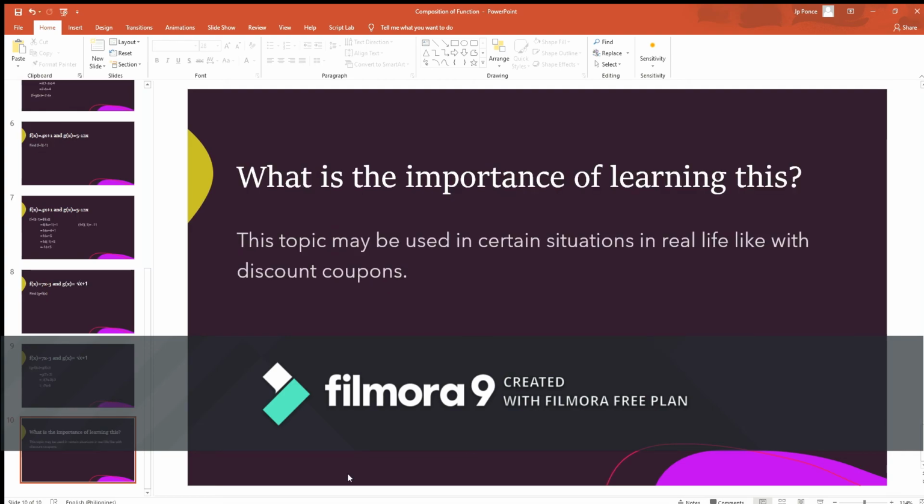Some people may ask, what is the importance of learning this topic, this lesson? It's just math. I don't think you can use it in real life. I mean, it's actually useful because it may be used in real life. For example, discount coupons. This concept is applied in the discount coupons you see at the mall or anywhere else.